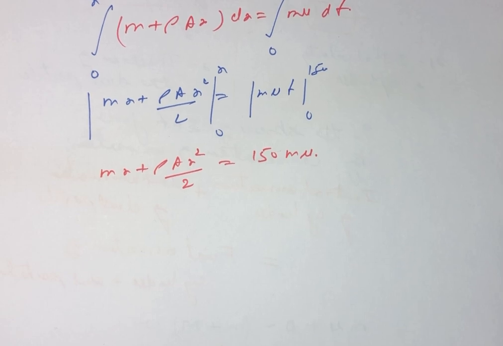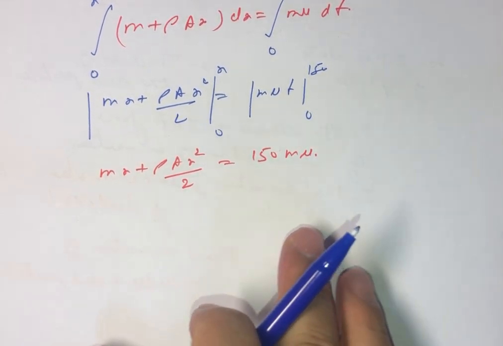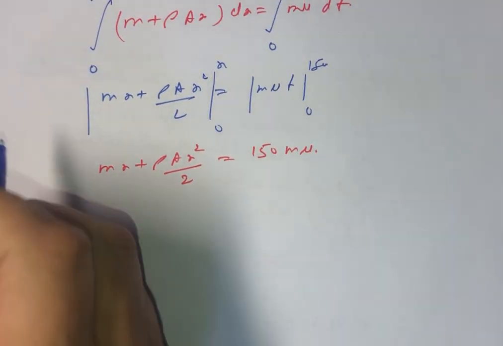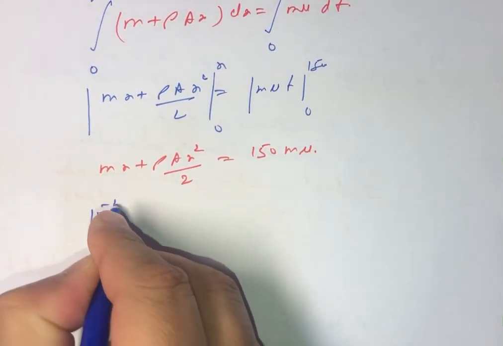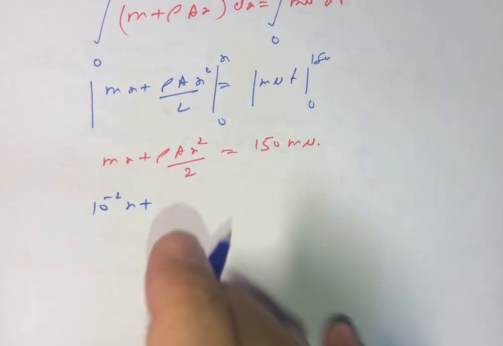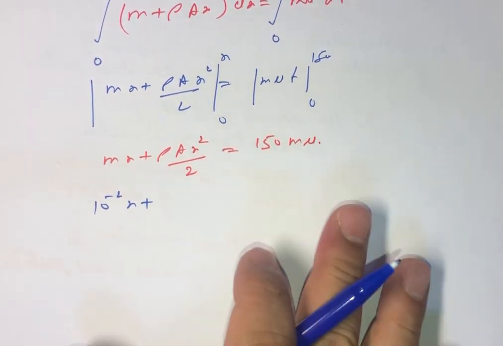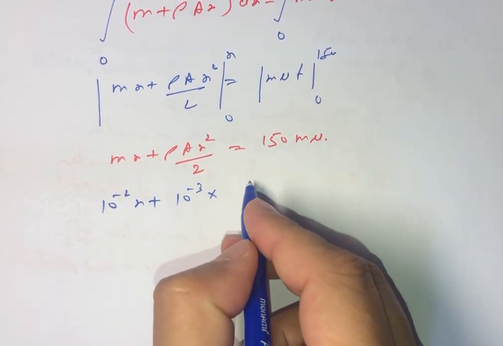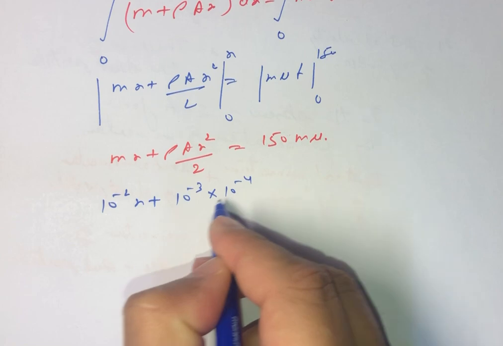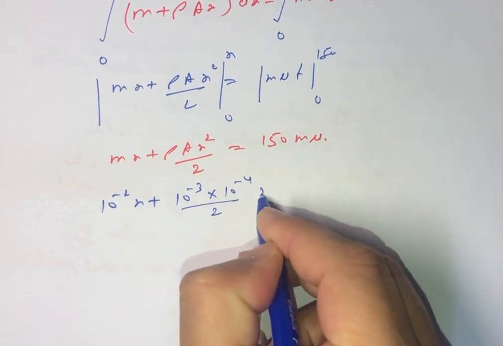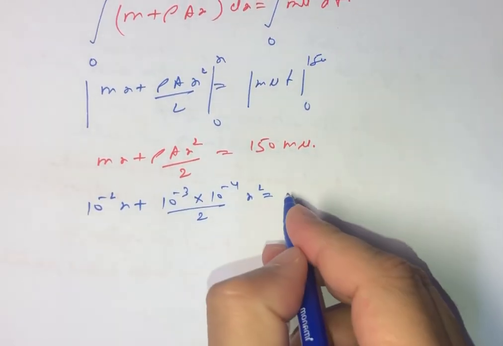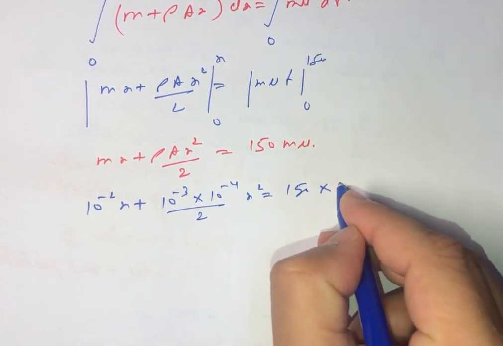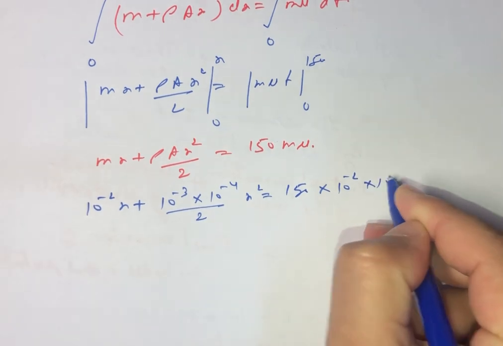Now we can substitute the values. The mass is given as 10 raised to the power minus 2. So this becomes 10 raised to the power minus 2 x, plus density is given as 10 raised to the power minus 3, area is given as 10 raised to the power minus 4, divided by 2 x square, and this will be 150 into 10 raised to the power minus 2, and velocity is 10 raised to the power 3.